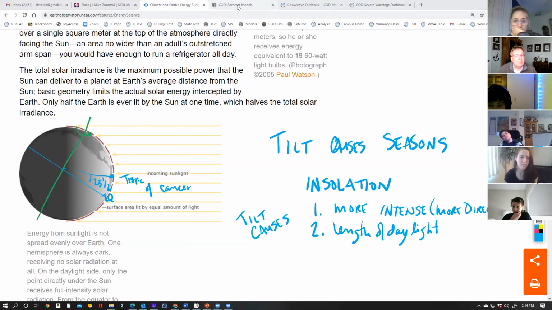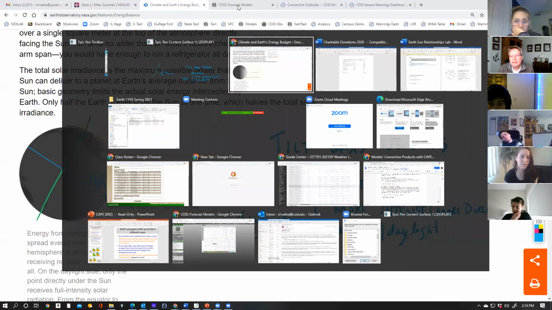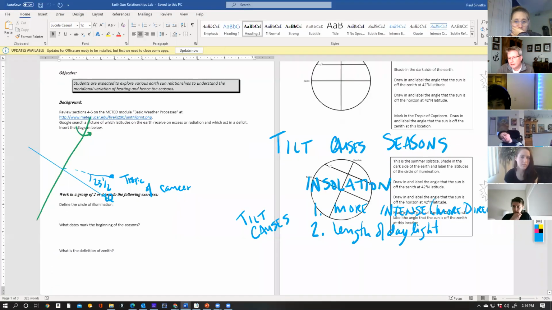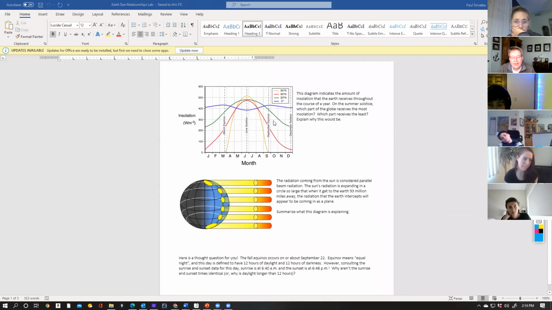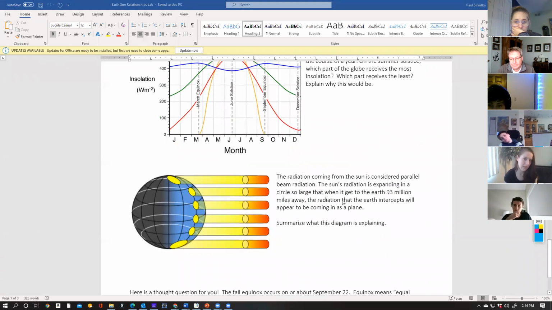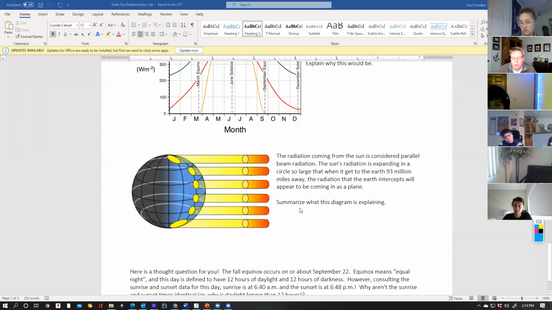Where's my, and then I look at this graph. And this graph is explaining that. You see what I'm saying? It's like a flashlight, holding it off at an angle, it spreads out over a larger area. So look what I'm asking you to do, guys. I'm asking you to summarize what this diagram is explaining.